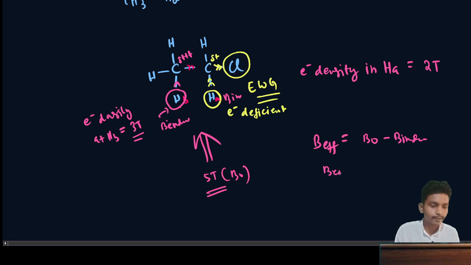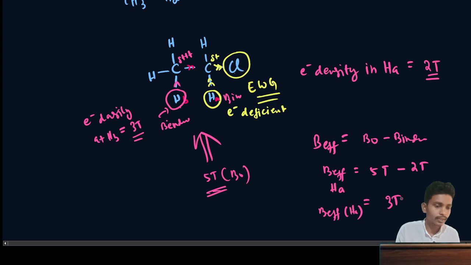So how much you are giving, that is 5T, and how much is induced for B effective of HA, that is 2T, because that amount of electron density it has, that amount is induced. So B effective for HA is going to be 3T.